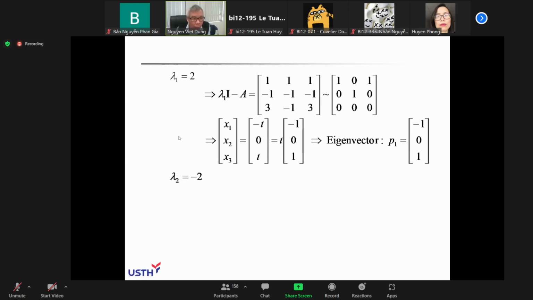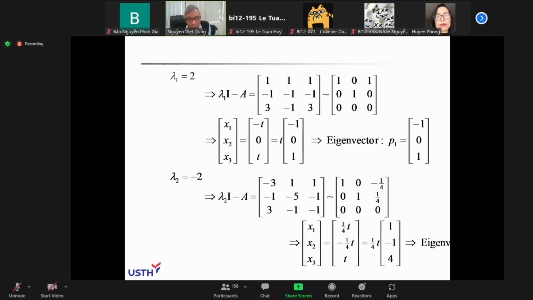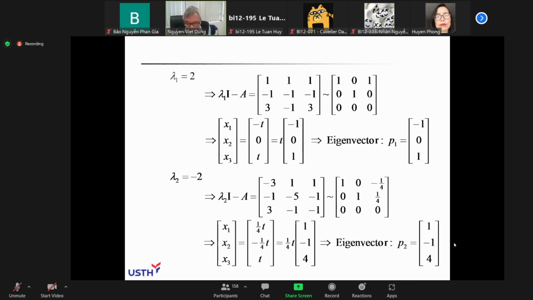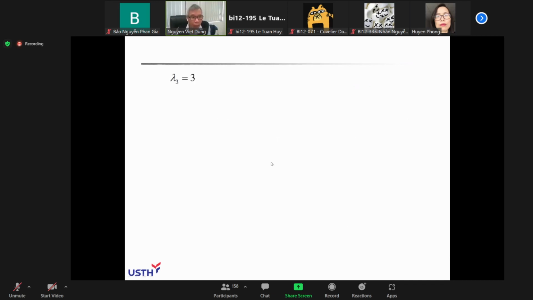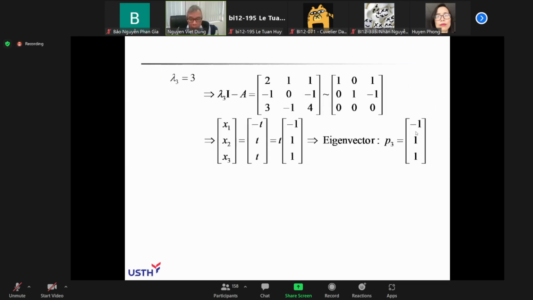For lambda equal -2, we do the same way like that. And you get an eigenvector P2 with the coordinates like that. And the last one with the eigenvalue 3 like that, you will get the eigenvector to be that one.